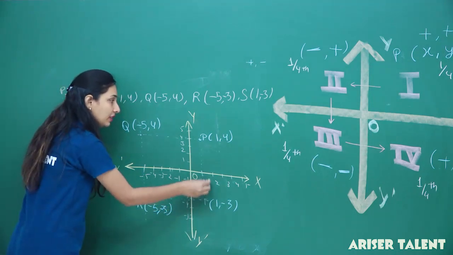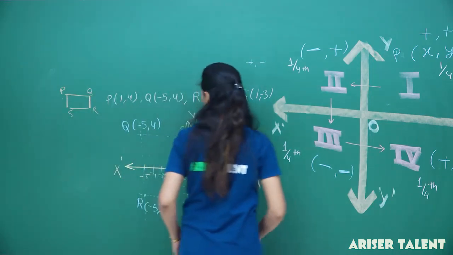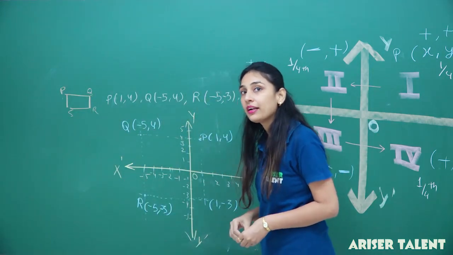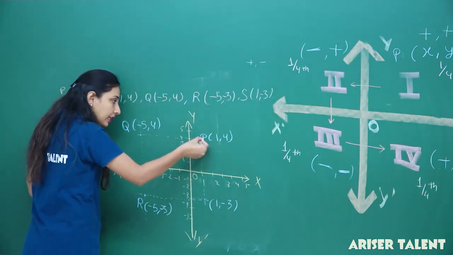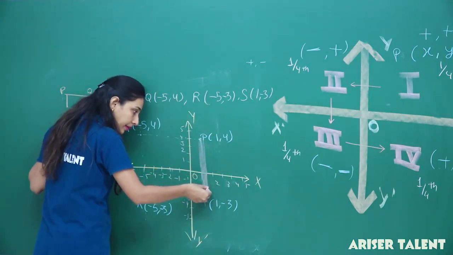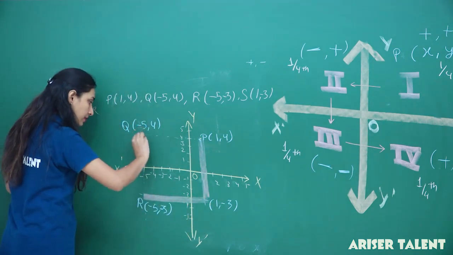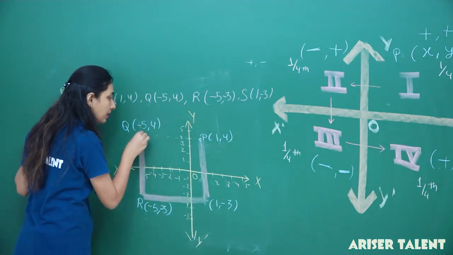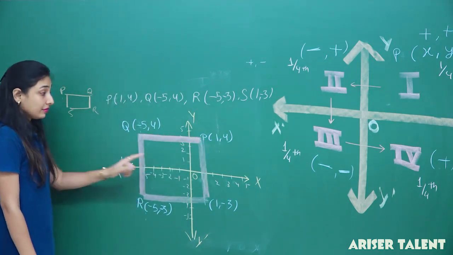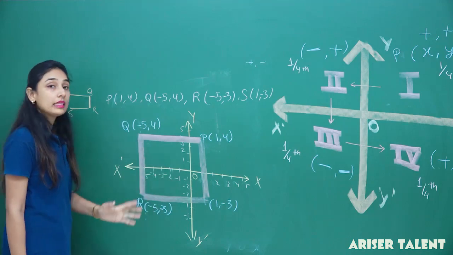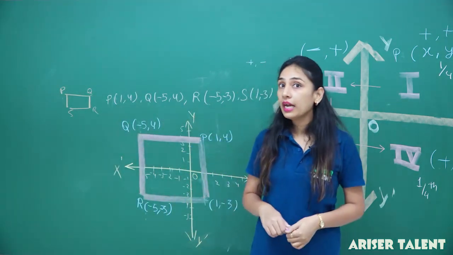So you are having these four points, and you have to make a rectangle. Now you will simply meet these points with the help of your scale. This is the required rectangle. How will you do that?